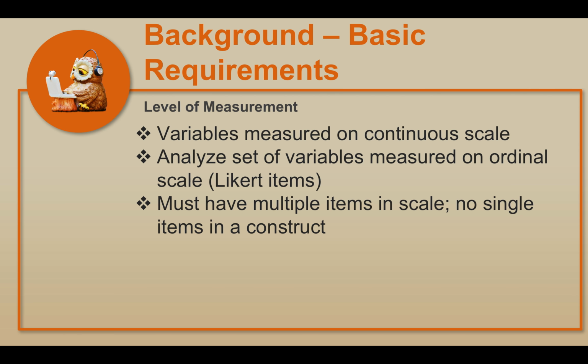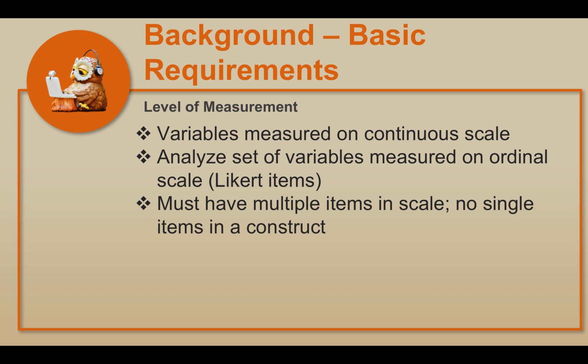If you have all of those constructs under one factor, those are simply ordinal data because you're measuring it on a scale of 1 to 5, a Likert scale, from 1 strongly disagree to 5 strongly agree. But if you were to summate and create an average score of those items together, and then also create the factor's average that combines the means of all of the items within that factor, you can do a reliability analysis.